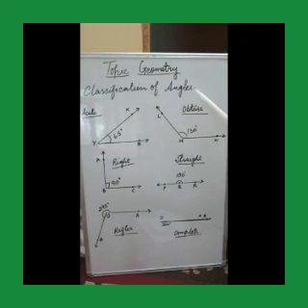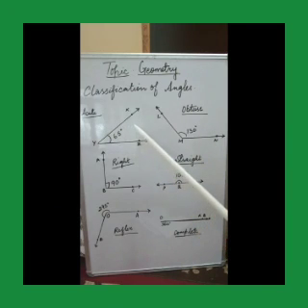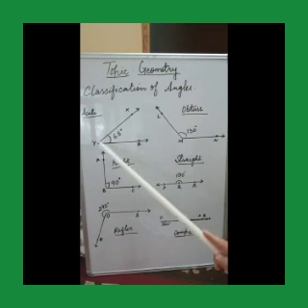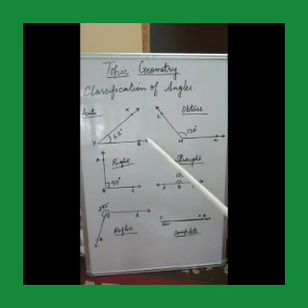Classification of angles. Angles are classified according to their measurements. Acute angle. An angle whose measure is more than 0 degree but less than 90 degree is called an acute angle.